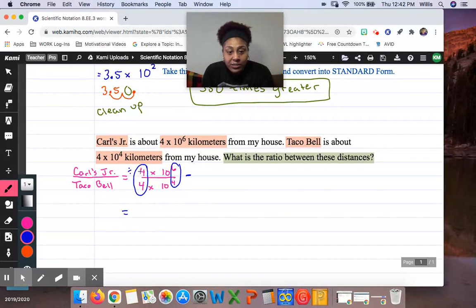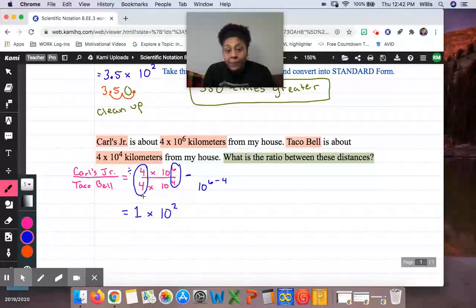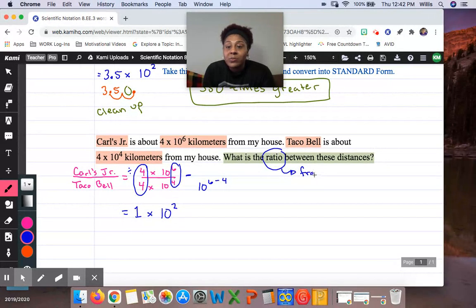So here, 4 divided by 4 is 1. And then this is 10 to the 6 minus 4. So that leaves us with 10 to the 2. Okay? And what we are looking for is a ratio, which is pretty much like a fraction. When we say ratio, we're thinking something like a fraction.